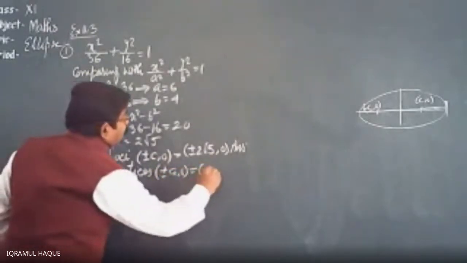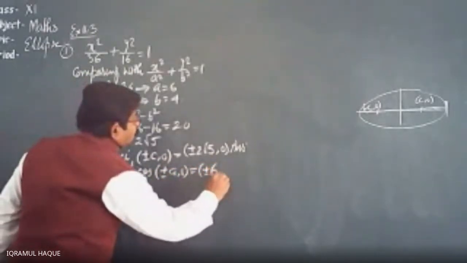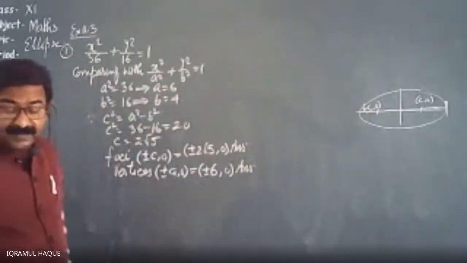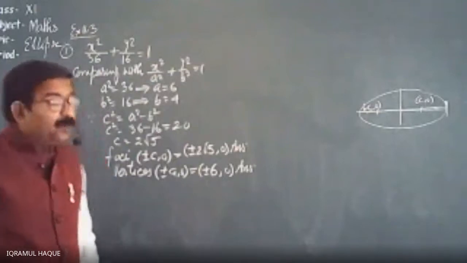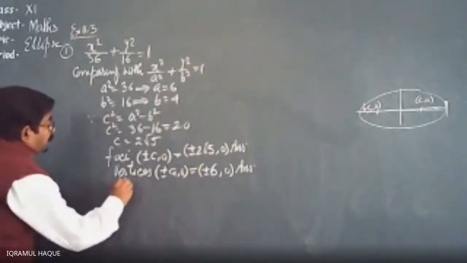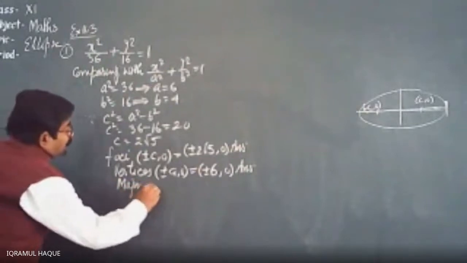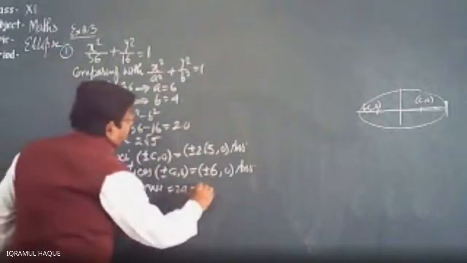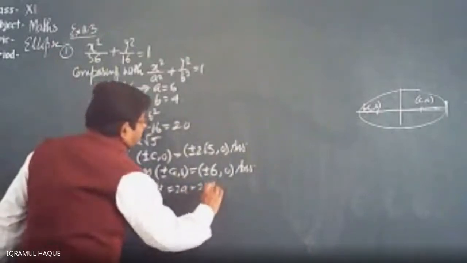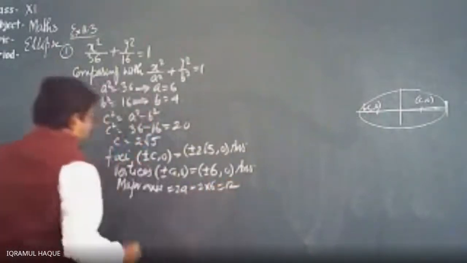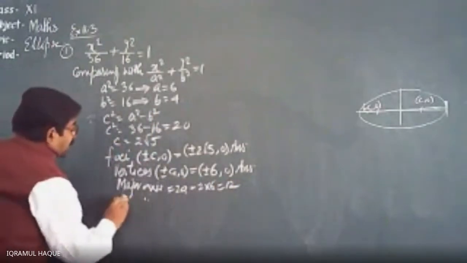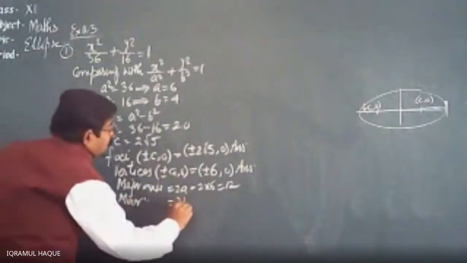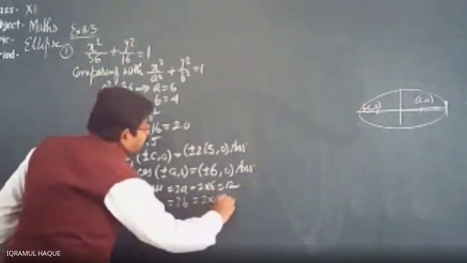So we have plus minus 6, 0. This is the answer. Now length of major axis is 2a, so 2 into 6 is equal to 12. Length of minor axis is 2b, 2 into 4 is equal to 8.